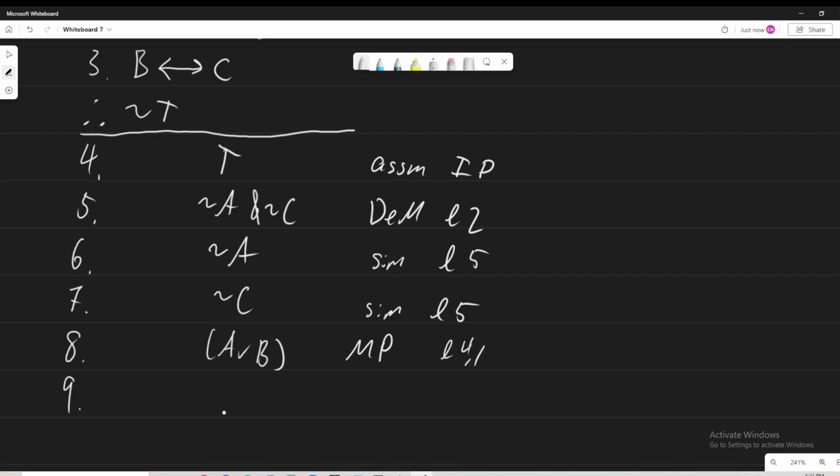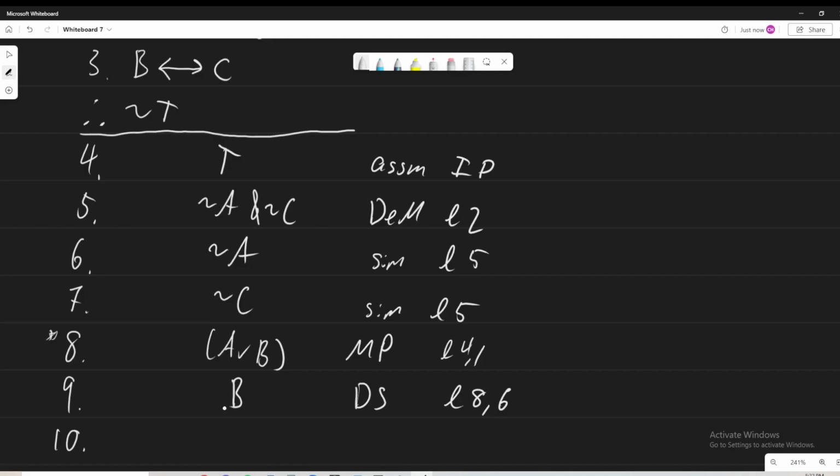In order to use disjunctive syllogism on that disjunction, you need the opposite of one of the disjuncts. In this case, we have that. In line 6, we have not A. So something has to make that disjunction true. It's not going to be the A part, it must be the B part. So we use disjunctive syllogism on lines 8 and 6, and that'll have us break down that A or B.